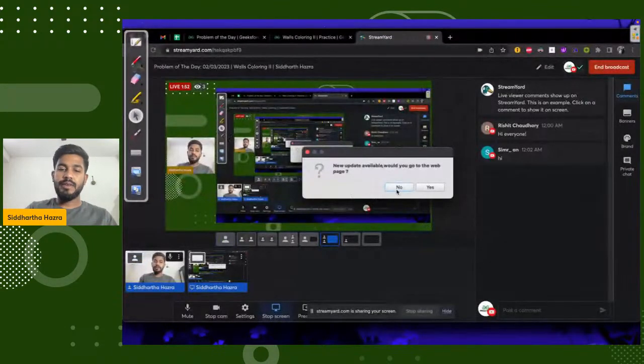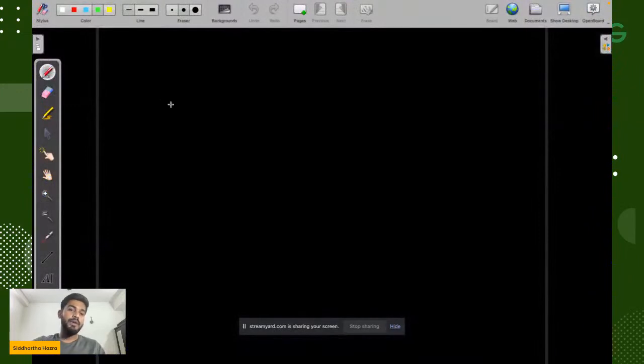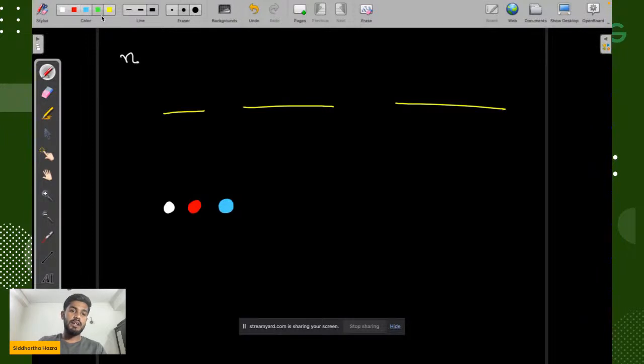See, the problem is that we are given n walls. Suppose the given walls are 1, 2, and 3, and each wall can be painted with k colors. Suppose the first color is this, the second color is this, the third color is this, the fourth color is this, and the fifth color is this.